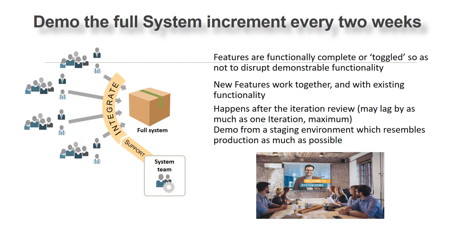Every 2 weeks it happens, and then we have a final system demo where all the system demos are integrated and a final system demo is done. We'll come to that point later, but this should happen every 2 weeks as a best practice. There is a separate systems team who takes care of doing this system demo.